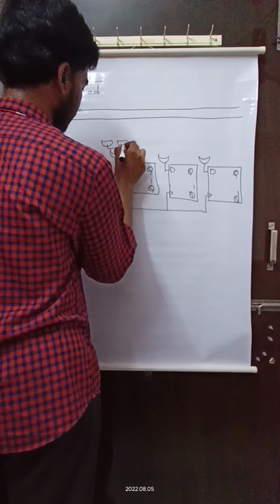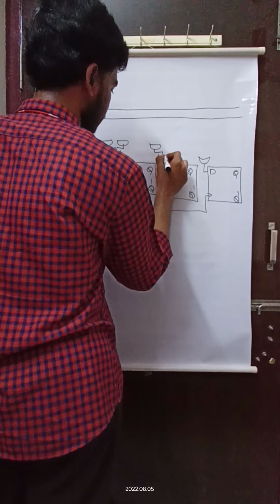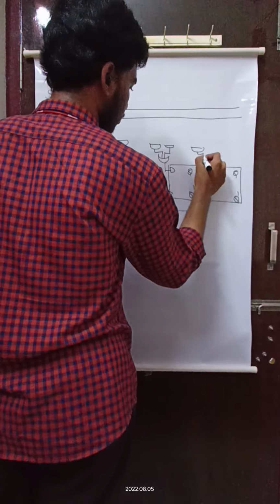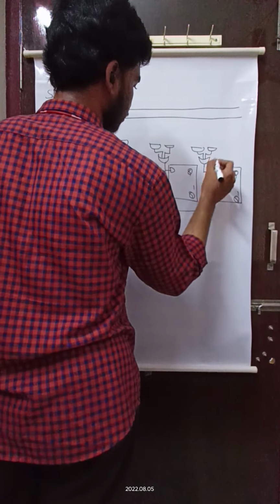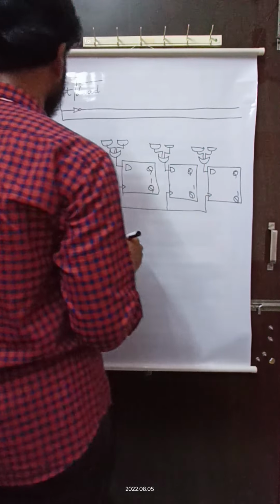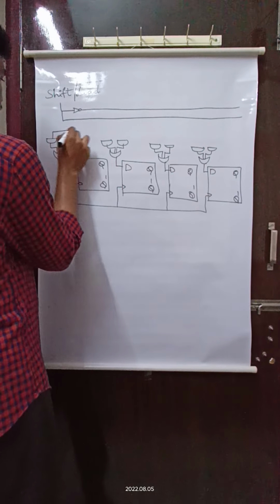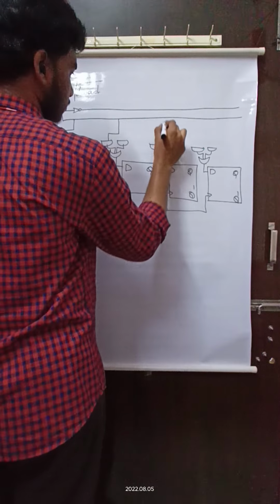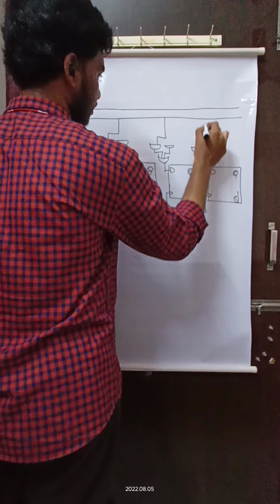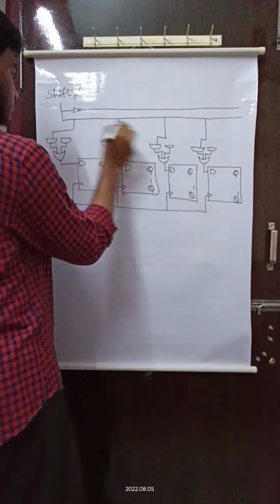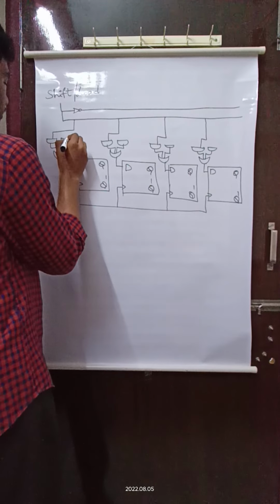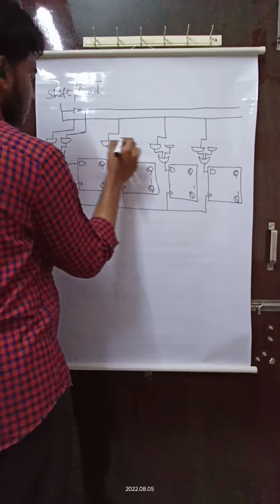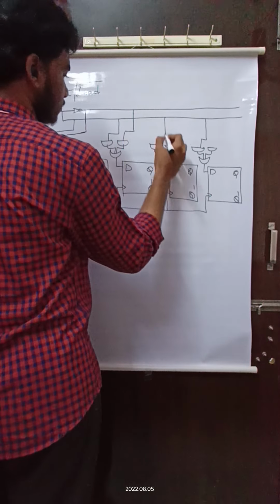A 2-input OR gate is connected to the D flip-flop input, and 2 AND gates are connected to the 2-input OR gate. The first AND gate in all flip-flops is connected to the positive, and one input of the second AND gate is connected to the NOT.